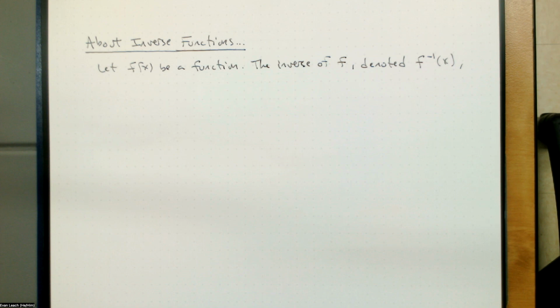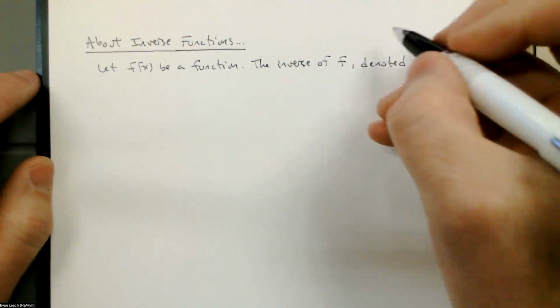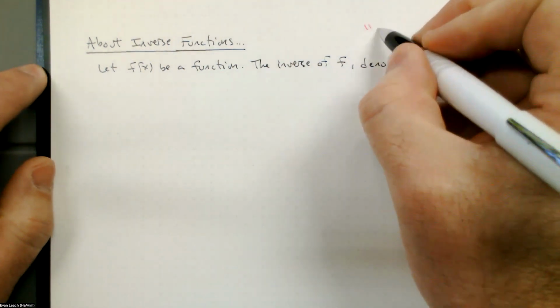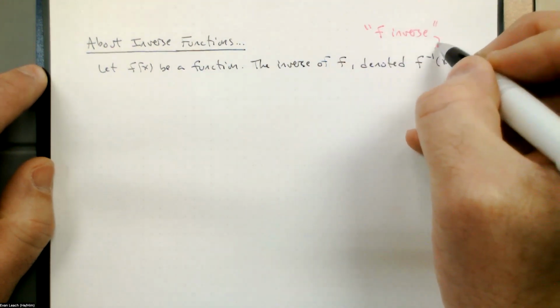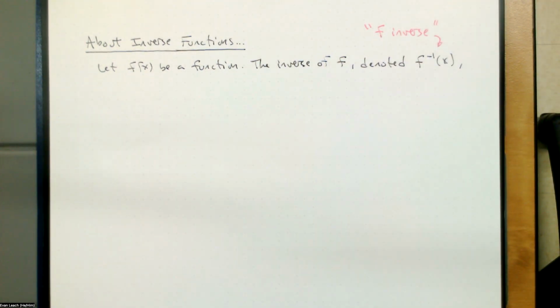But we don't read f to the -1 as the reciprocal of f. We read it as the inverse of f. So when you see f to the -1 of x, we're going to read that as f inverse. The inverse of f, denoted f inverse of x, is a function.